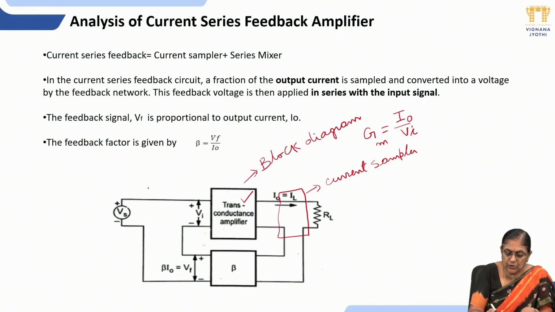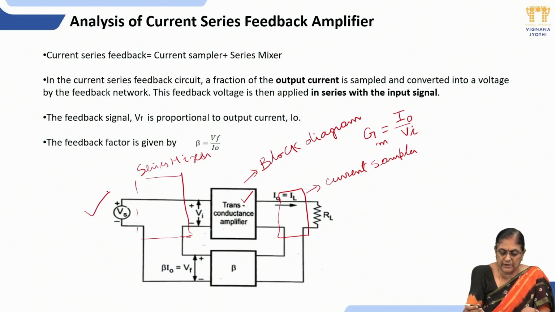The type of mixer used at the input terminals of the basic amplifier is series mixer. This is the connection for series mixer. In the case of series mixer, the source must be a voltage source.